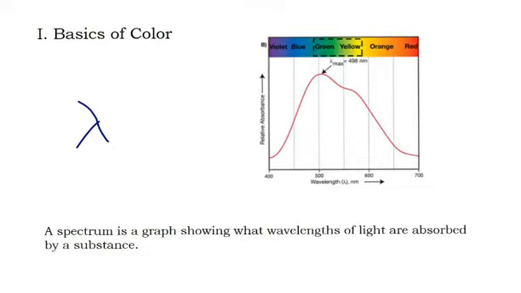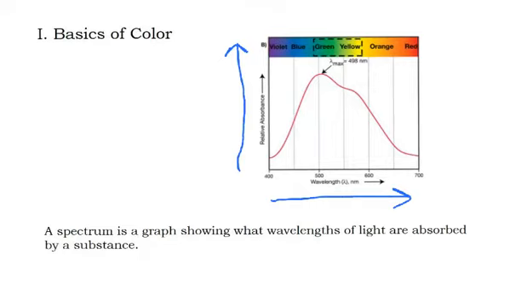Okay, so let's take a look at what crystal field theory is all about. This diagram shows a typical visible spectrum of a compound. Wavelength in nanometers goes across the x-axis, and relative absorbance, measured in absorbance units, goes up the y-axis.